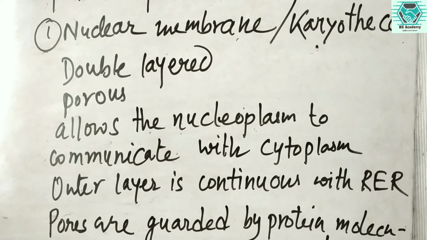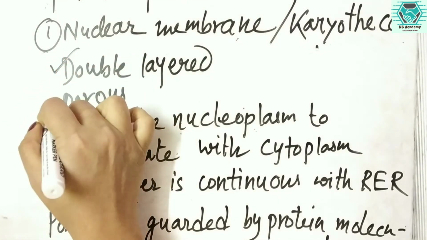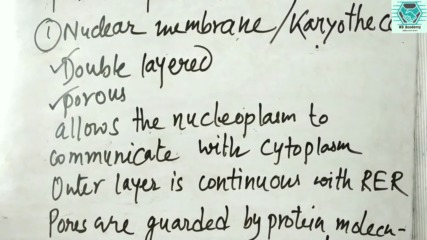The first part is the nuclear membrane, which is also known as karyotheca. The main features are that the membrane is double layered and it is porous. The nuclear pores present in the membrane allow the nucleoplasm to communicate with the cytoplasm.